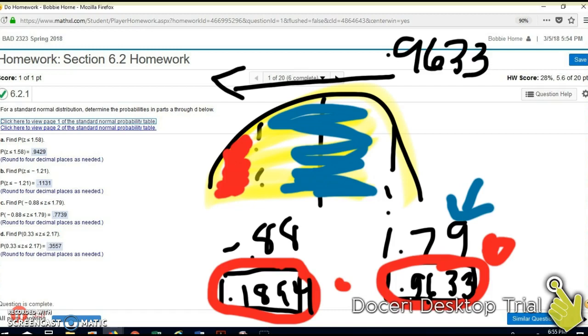But I don't want it all the way back. I want to stop right here. So I need to get rid of this area over here, which is 0.1894. If I take 0.9633 minus 0.1894, I believe you will get 0.7739.